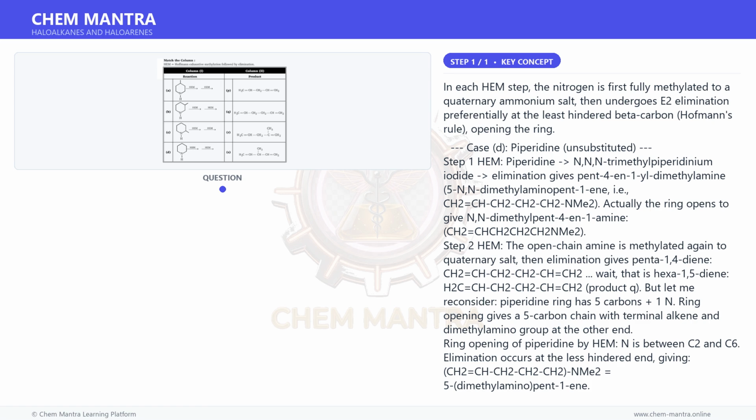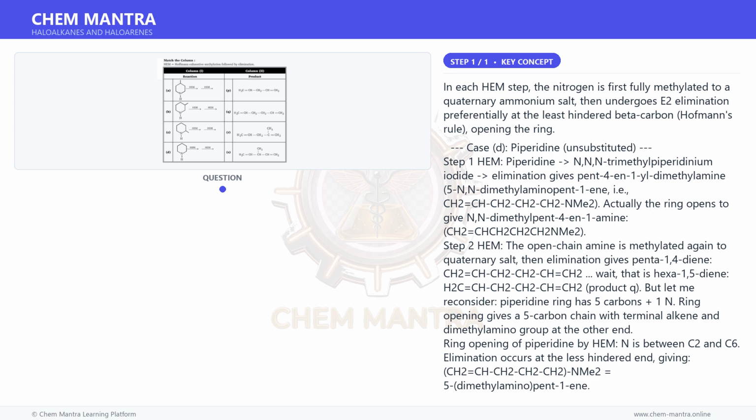Elimination occurs at the less hindered end, giving CH2=CH-CH2-CH2-CH2-NMe2, 5-dimethylaminopent-1-ene. Second Hofmann on this, methylate N, then elimination gives CH2=CH-CH2-CH2-CH=CH2, hexa-1,5-diene, product Q.